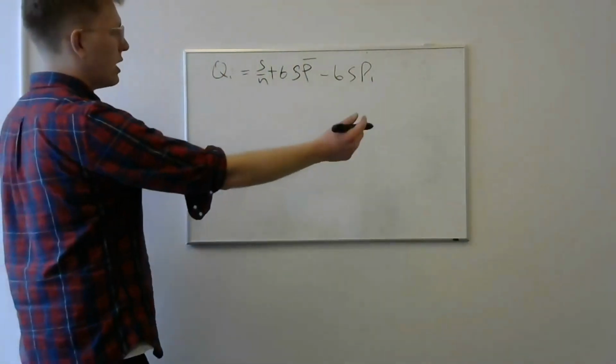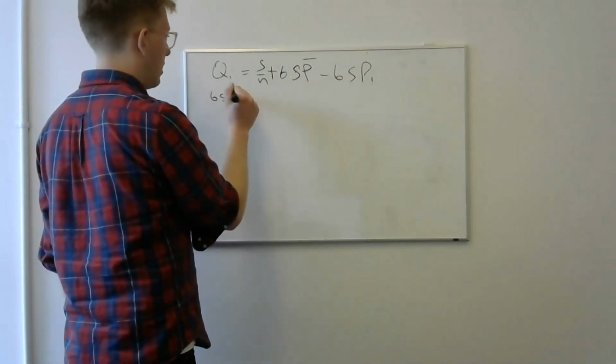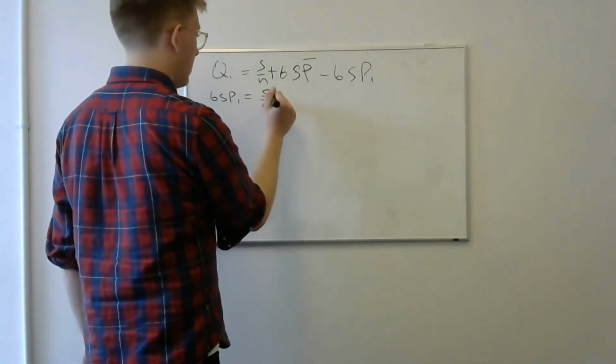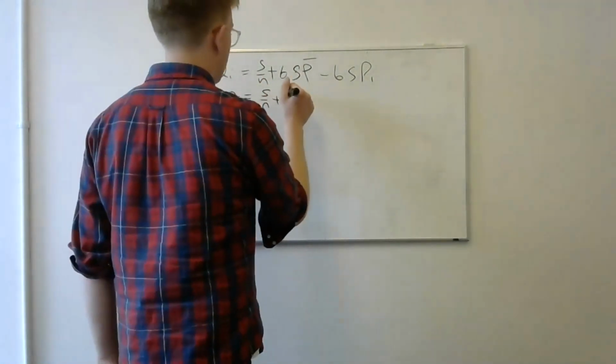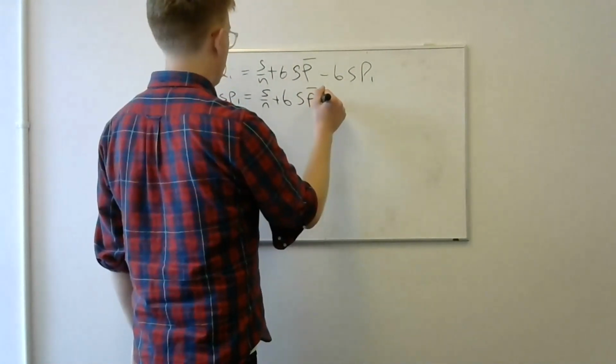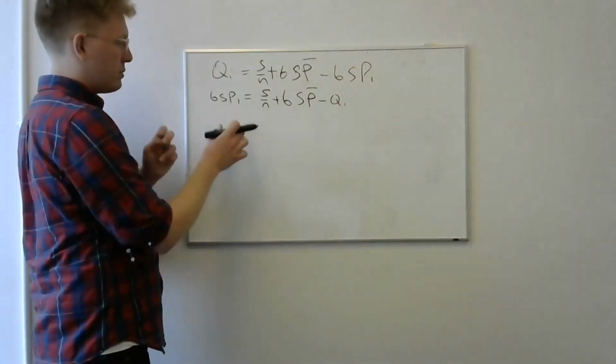So I'm going to add BSPi to both sides, and then subtract Qi from both sides. This gives me S over N plus BSP bar minus Qi is equal to BSPi.